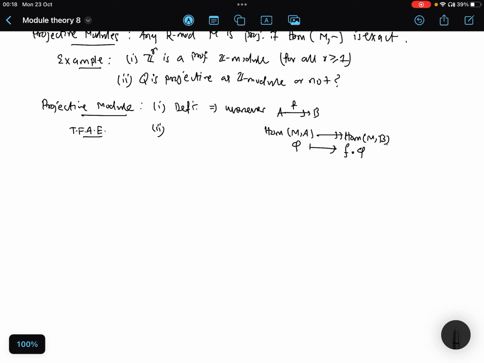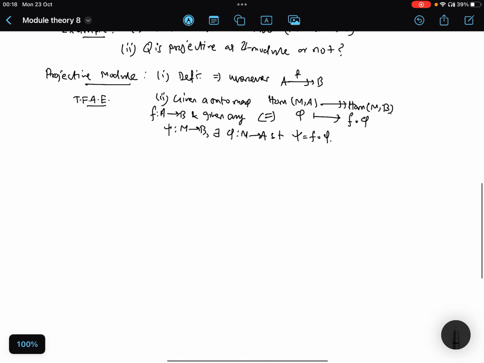It implies that given a surjective map, here map means homomorphism, of course, given an onto map from A to B and given any psi from M to B, there exists some phi from M to A such that psi is the composition of the surjection with phi. That is the same as saying that this is exact, right? So the first two things are equivalent. That is obvious from the definition.